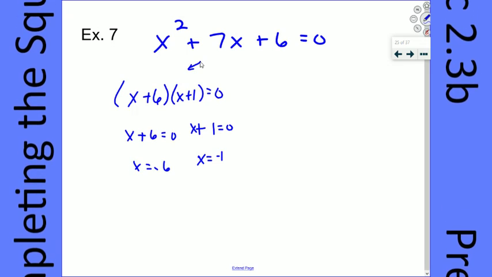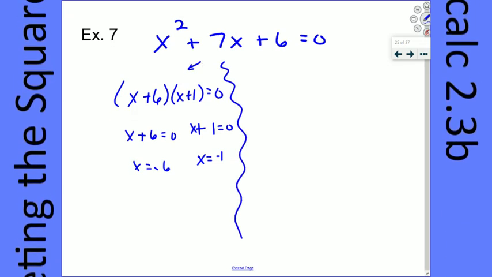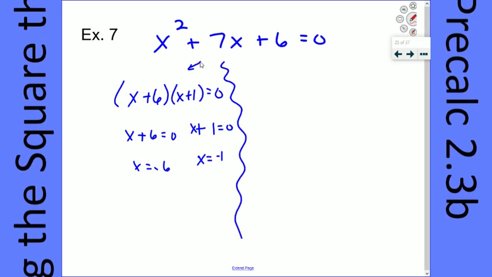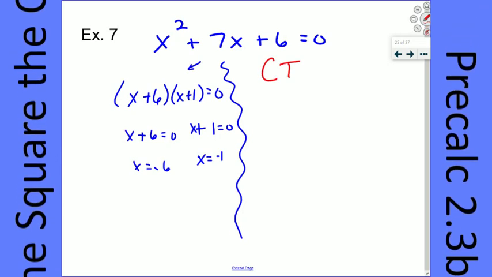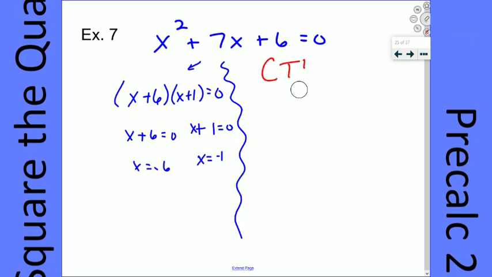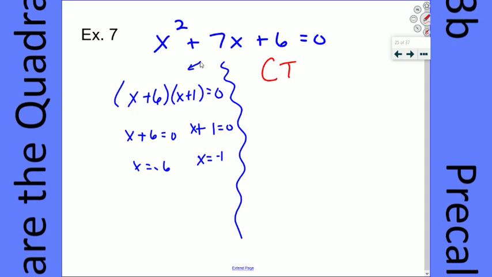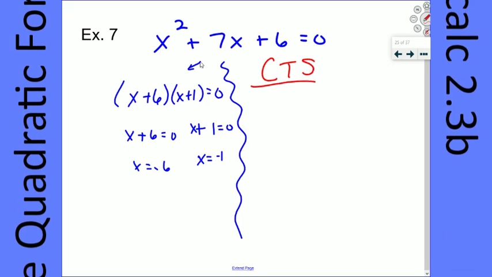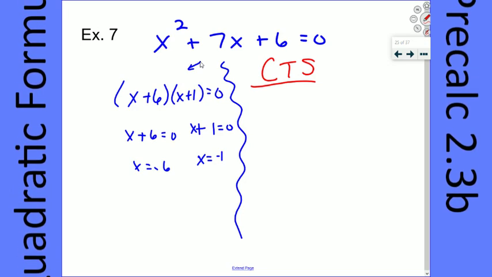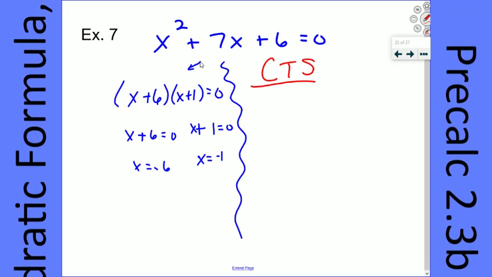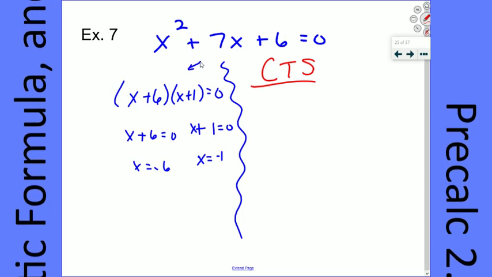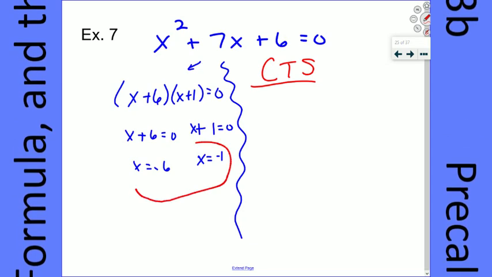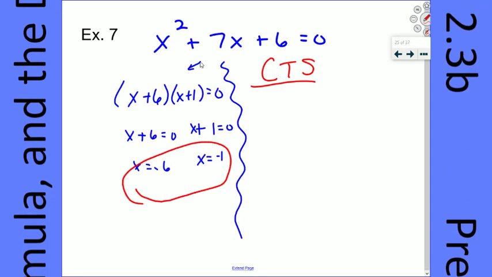So the other way that I wanted to try and take a look at this is a process called completing the square. Okay. This process you can use on any quadratic equation ever, even if it doesn't have nice factors like these guys or nice rational number factors like this guy.